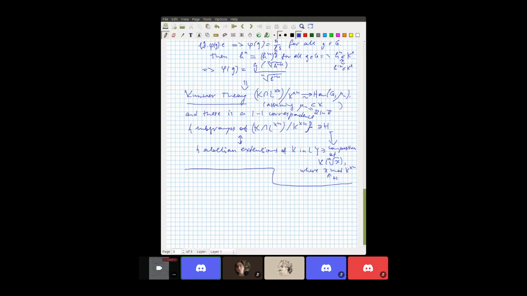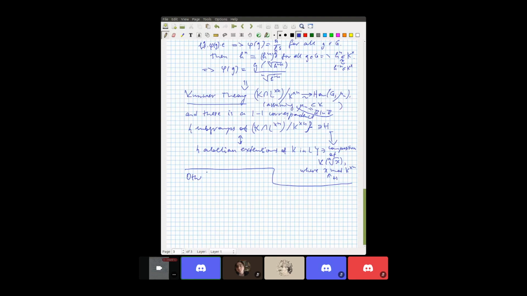Even if it contains all possible roots of unity, it may happen that there are, for instance, no primitive roots of order P, where P is the characteristic of our field. So there may exist other abelian extensions that don't come from Kummer theory, namely what they are called Artin-Schreier extensions.